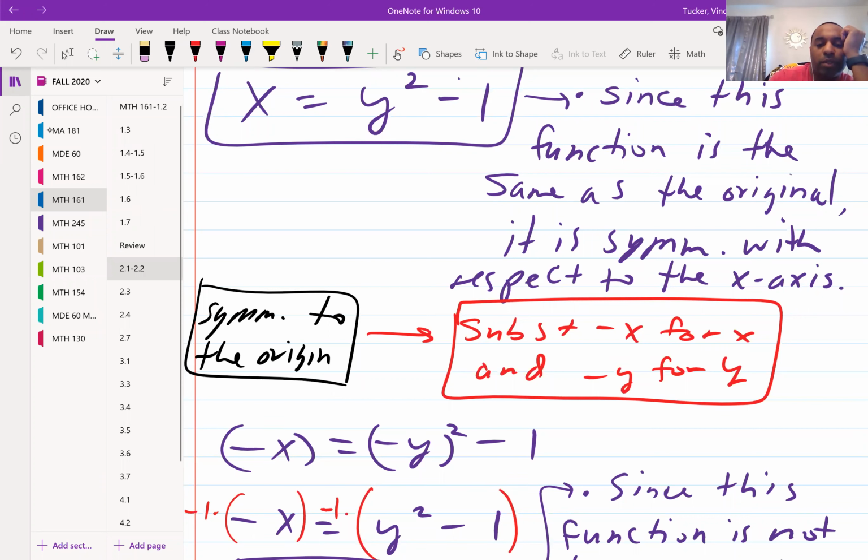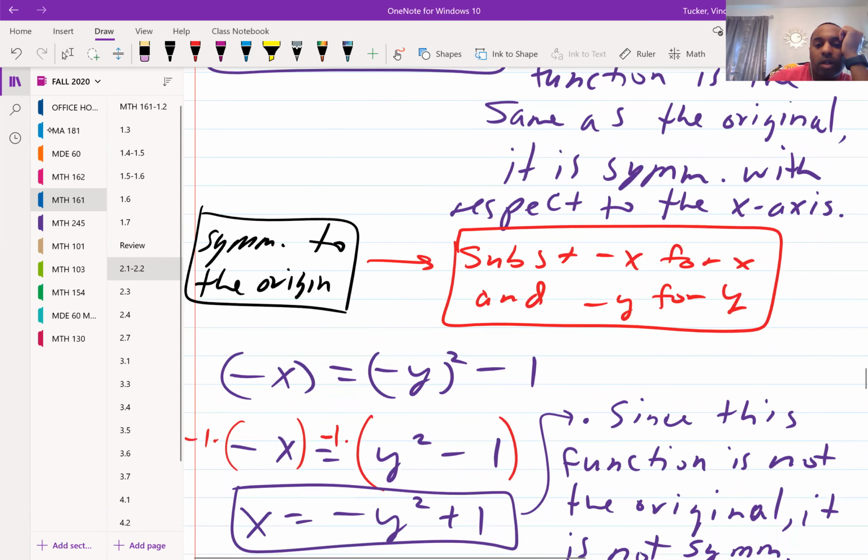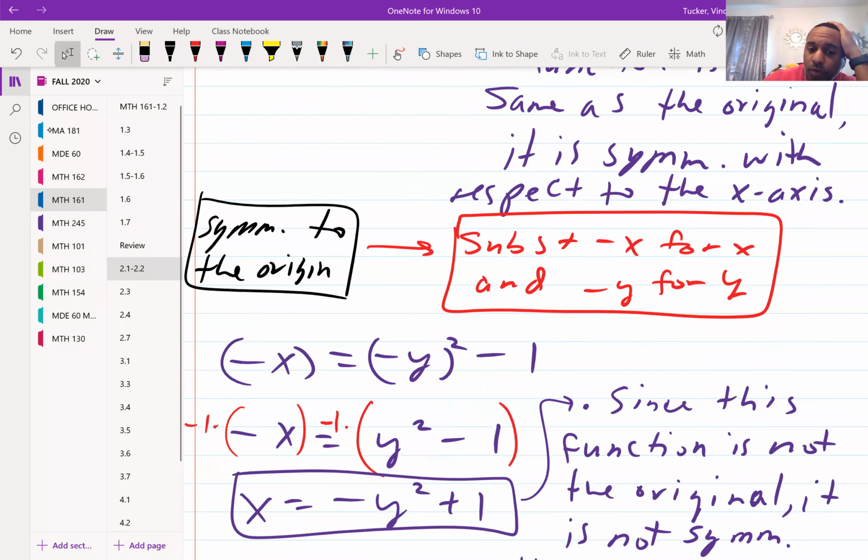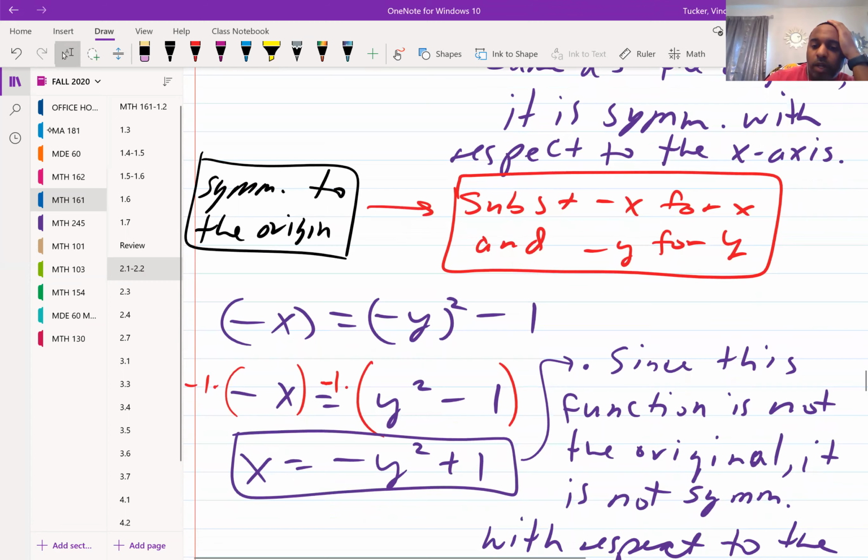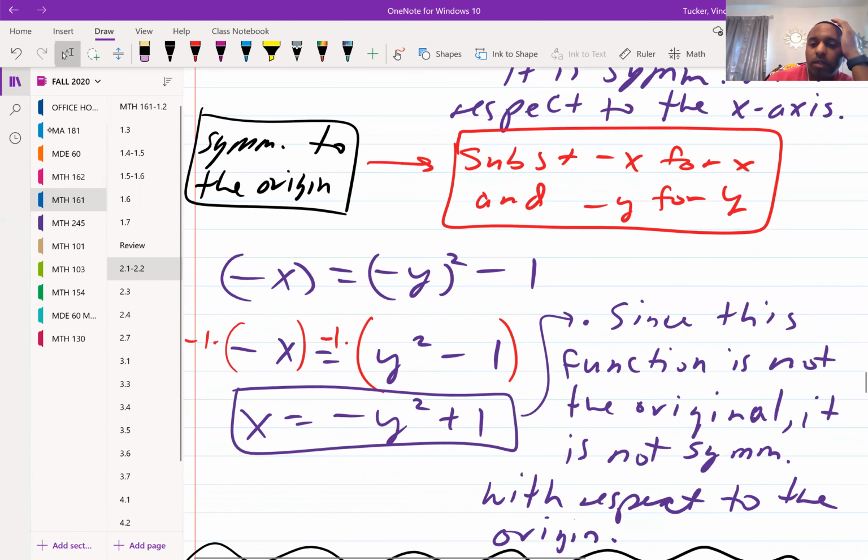So I multiply both sides by negative 1. And that's x equal to negative y squared plus 1. And we have that statement again. Since this function is not the original function, it is not symmetric with respect to the origin.